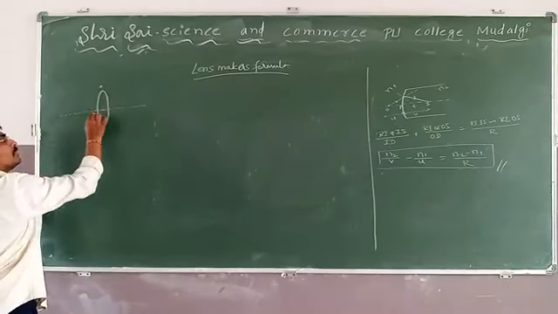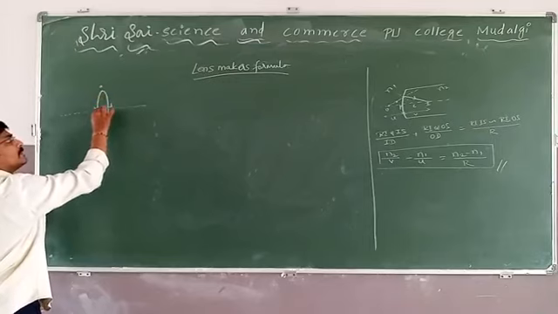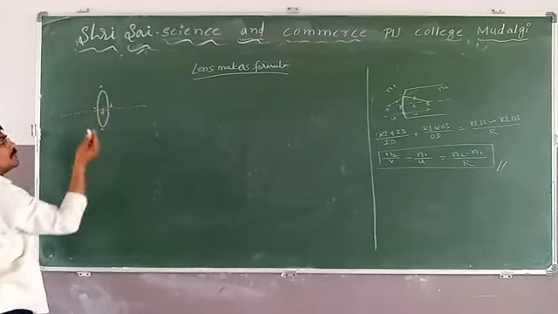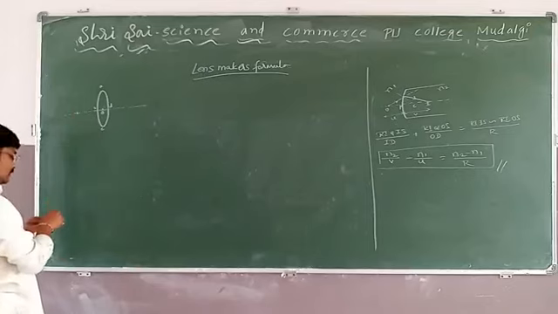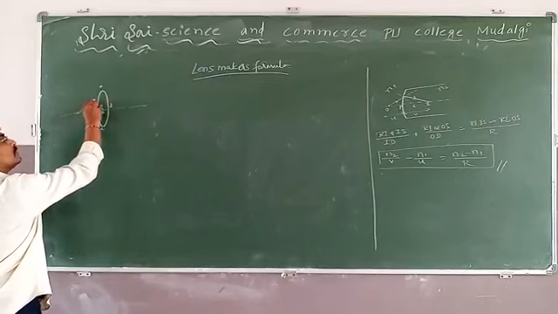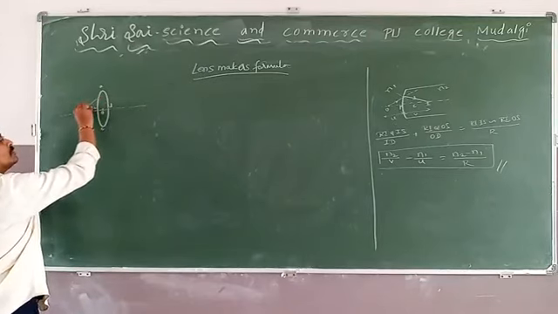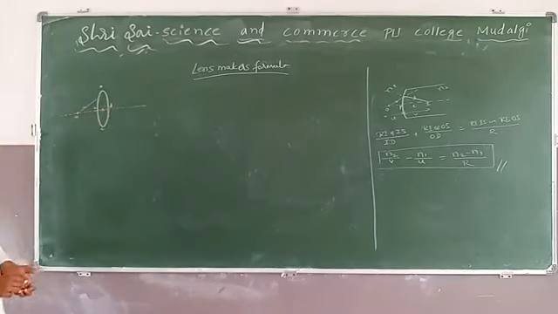Here A, B, C, A, D, C, and this is O. Take it as O. An object is at this point. Object O, take it as the object is O.